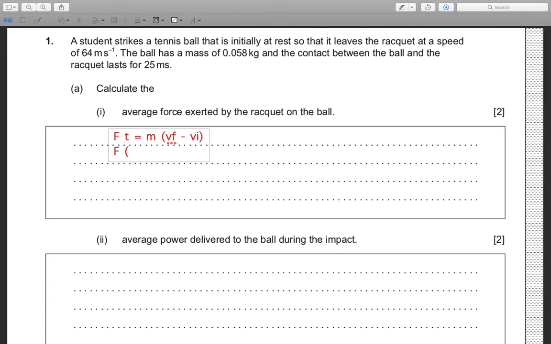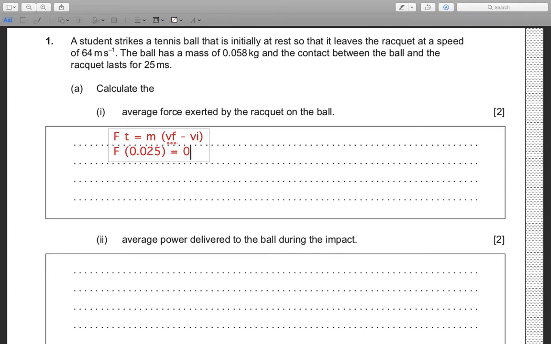And t is 25 milliseconds. If we change into seconds, divided by 1000, this is equal to 0.025 second.